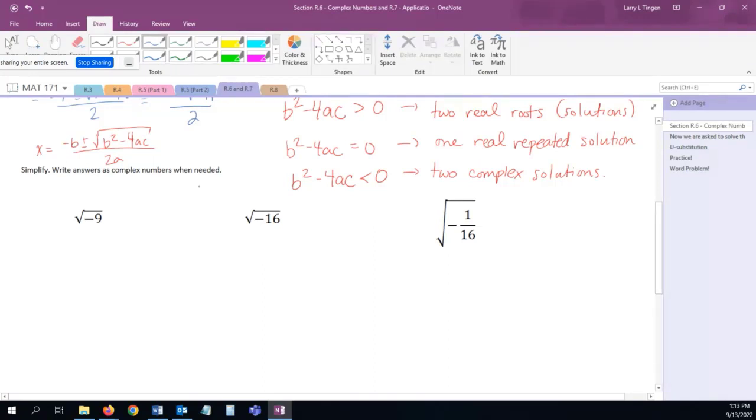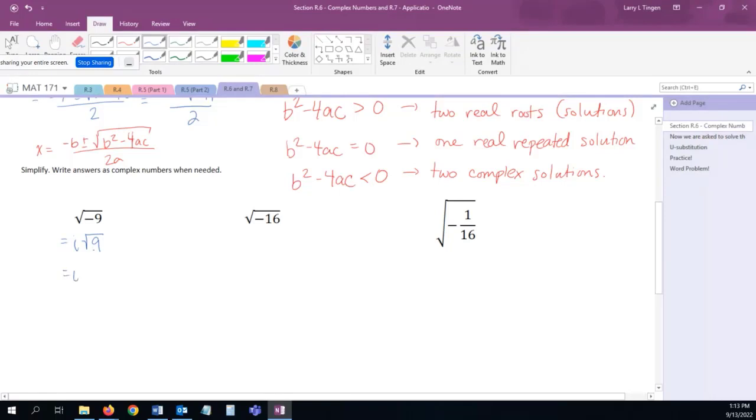Simplify these complex numbers. Square root of -9. I'm not going to go into the detail I did above. The rule says if I'm taking the square root of a negative real number, then I can just take that negative out, which is really, just like I said, you factor out a -1, the square root of -1 is i.